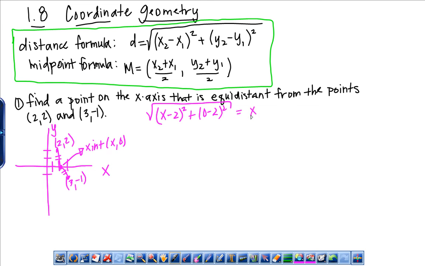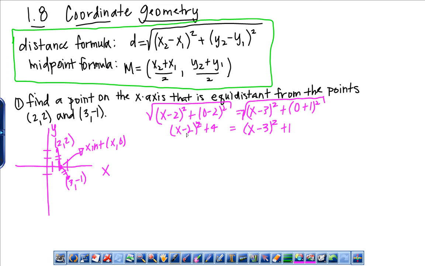So I'm going to say x minus 3, so my x quantities squared, and I'm going to add that to my y quantities, which would be 0 minus a negative 1, so that's going to be a plus, and I'm going to take the square root of that. So over here, this is going to be x minus 2 squared, and this is going to be plus 4. And over here, this is going to be x minus 3 quantity squared, and this is going to be plus 1.